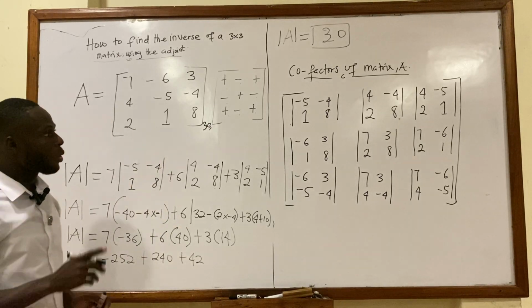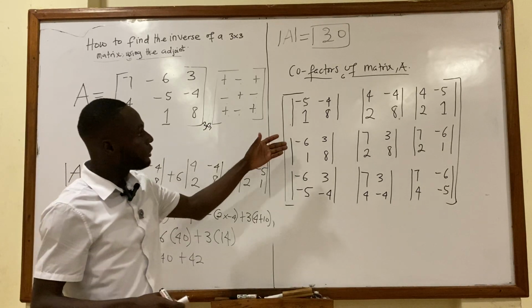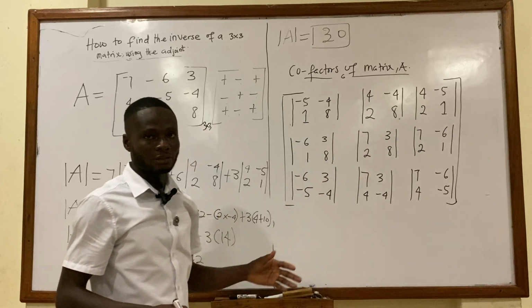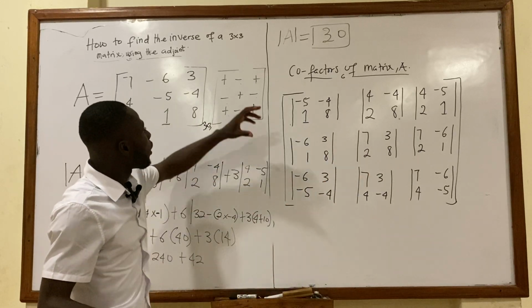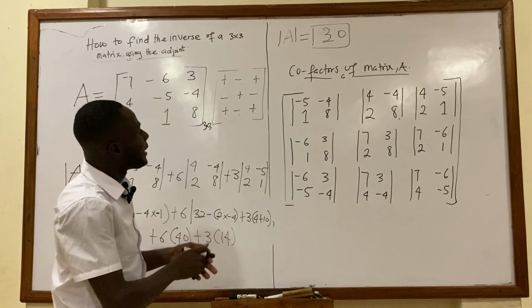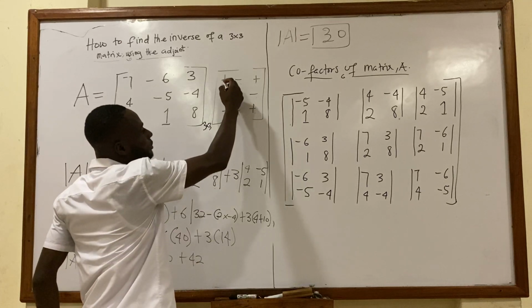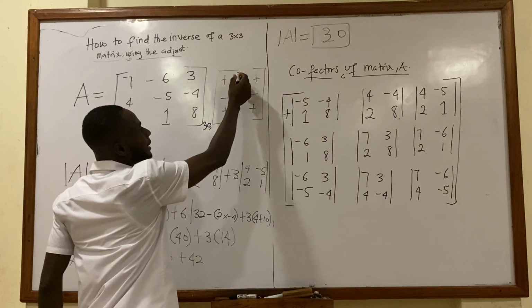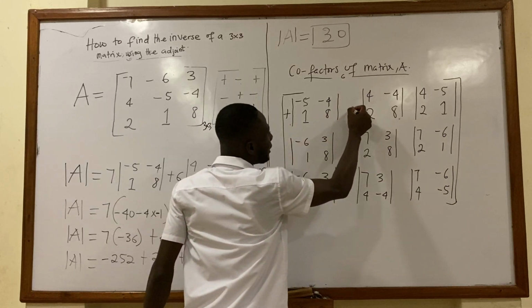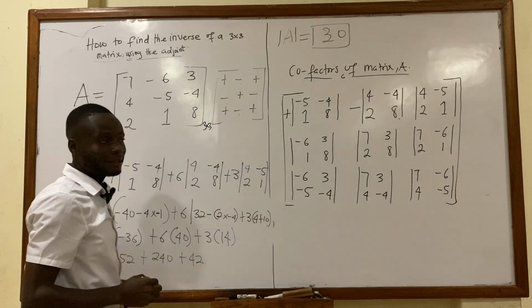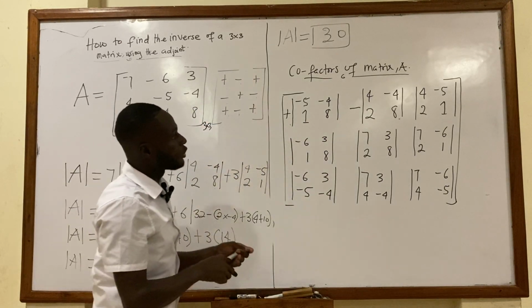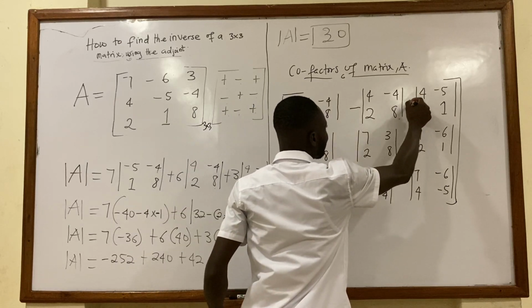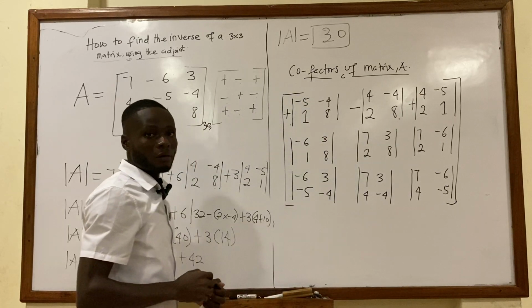So first, what do you have to do? Now we don't have any signs attached to it, right? Now, on the first row, the first element is supposed to be what? Positive. So we have plus. And the second element is supposed to be what? Negative, right? And the third element is also what? Positive. So we have plus here, right?